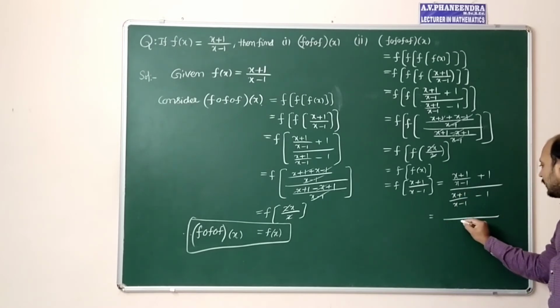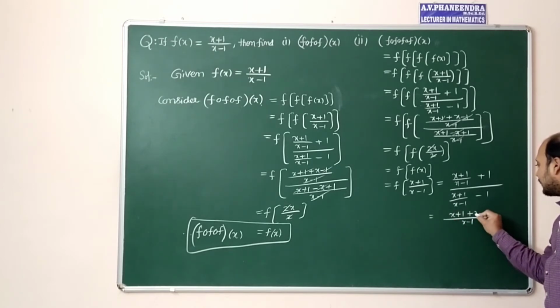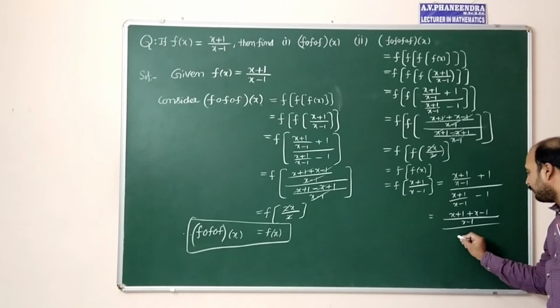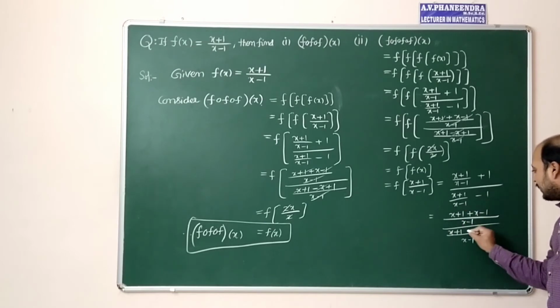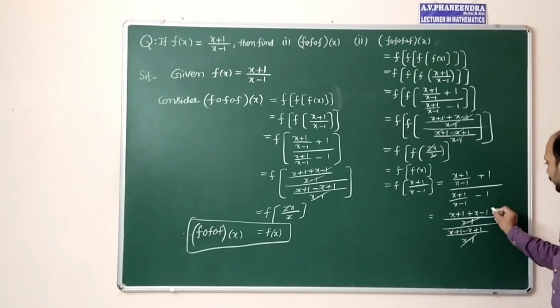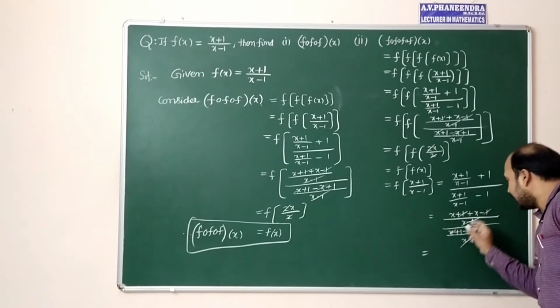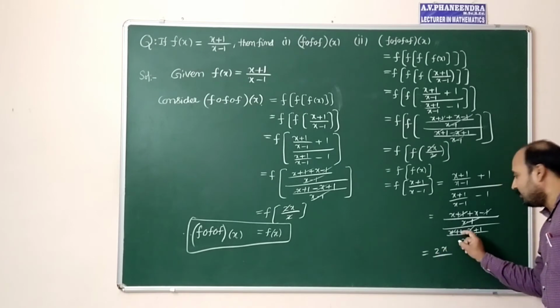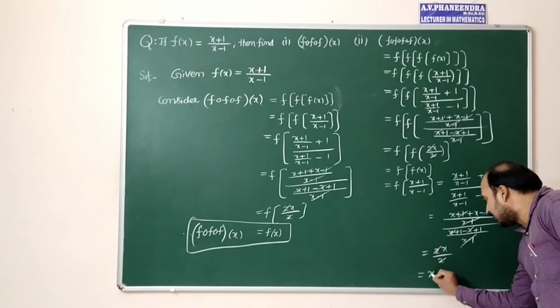Now take LCM here, x minus 1, x plus 1 plus x minus 1 divided by x minus 1 is the LCM. So x plus 1 minus 1 into x minus 1 is minus x plus 1, x minus 1 gets cancelled, minus 1 plus 1 gets cancelled, minus x plus x gets cancelled, x plus x is 2x divided by 1 plus 1 is 2. So 2 gets cancelled, which is equal to x.